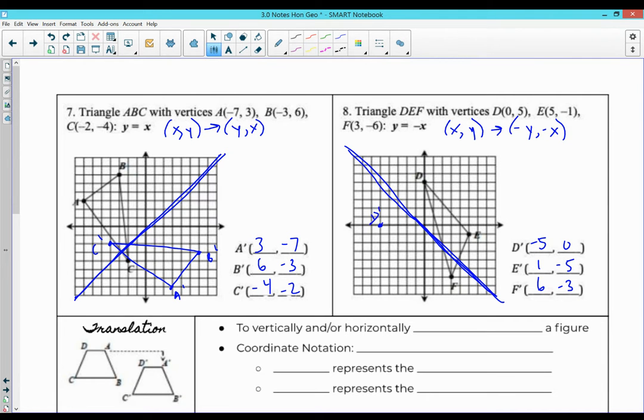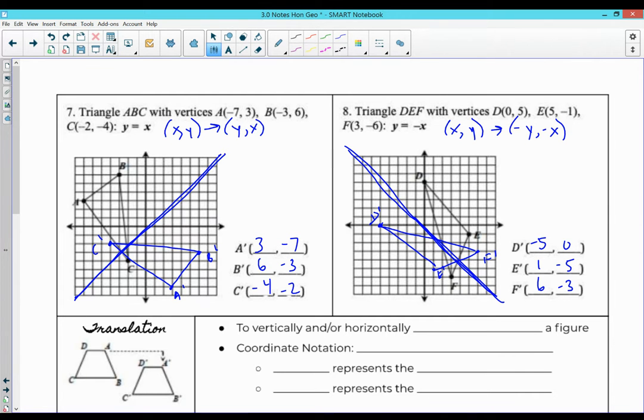D prime. E prime. F prime. Connect. F prime. And I reflected over y equals negative x. Awesome.